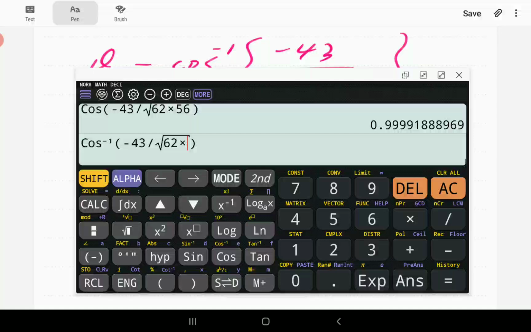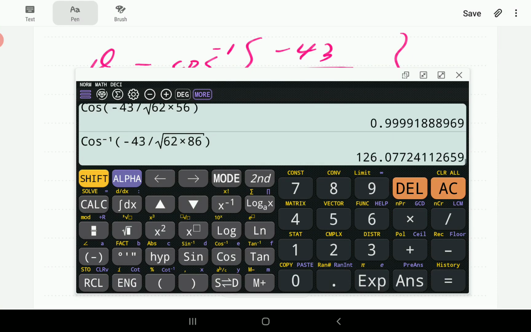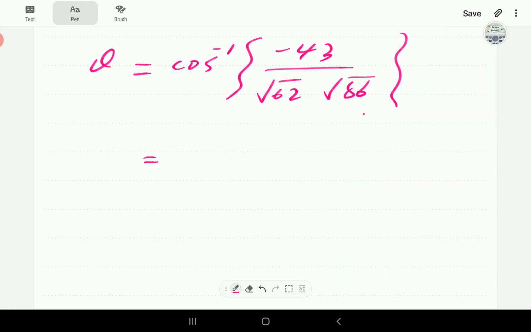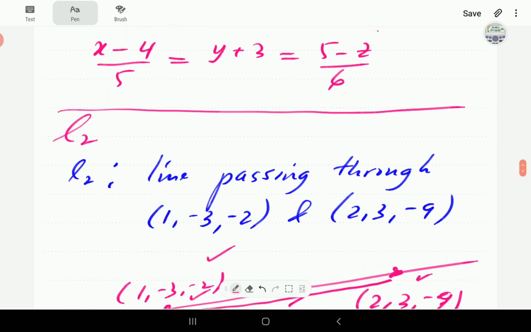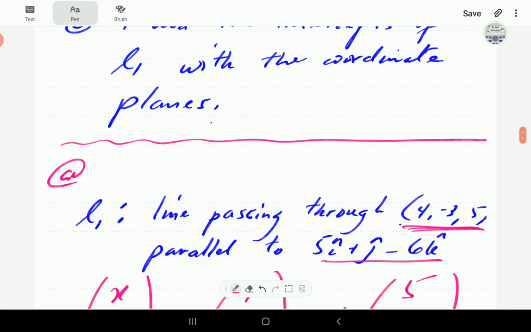Yes, 126 is going to be the angle between these two vectors. It's in degrees. So that means these lines have that type of orientation. All right, so there is example number B.